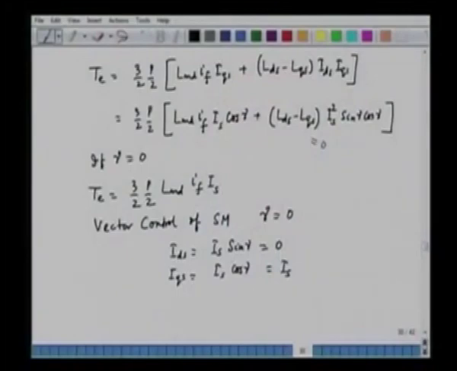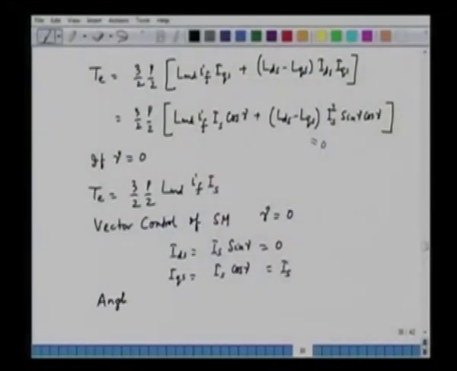And if we want to have very high dynamic response, we can keep the field current constant and control the torque by controlling the stator current or the armature current. So, this is what we have here. And what about if gamma is not equal to 0? That is not vector control, and we call that to be the angle control.